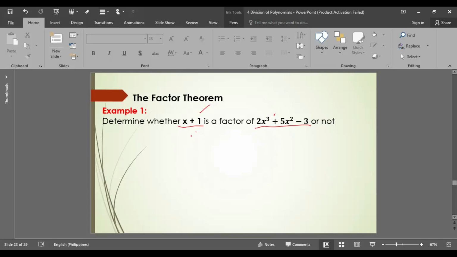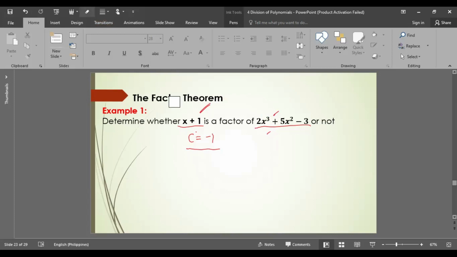Again, if you substitute the value of C here, wherein in this case it's negative 1, in P of x and you get 0, then you can say that x plus 1 is a factor of this expression.